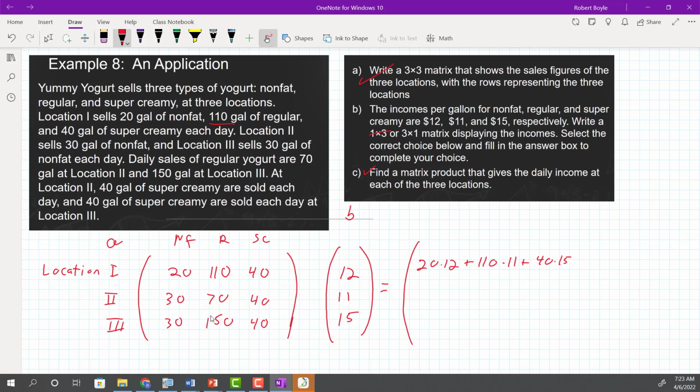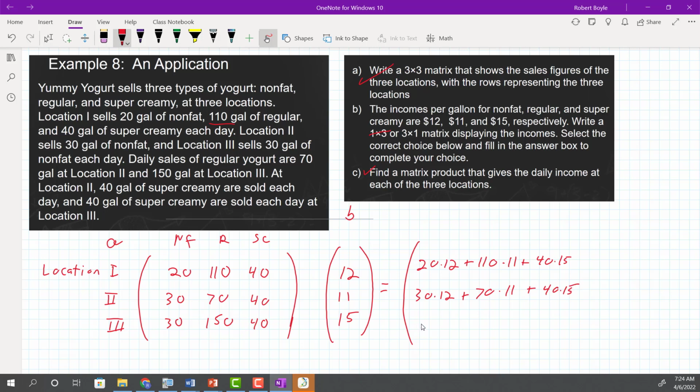Okay, now to get location 2, it's going to be this row times this column. So that will be 30 times 12 plus 70 times 11 plus 40 times 15.